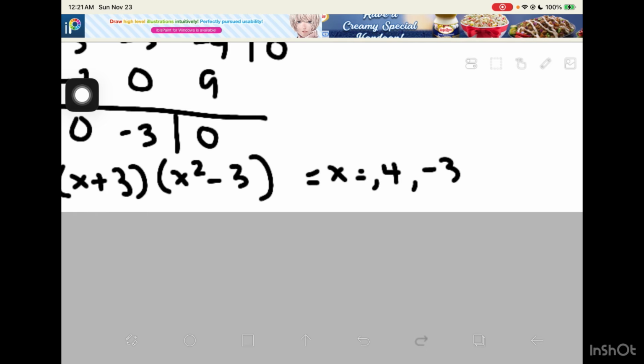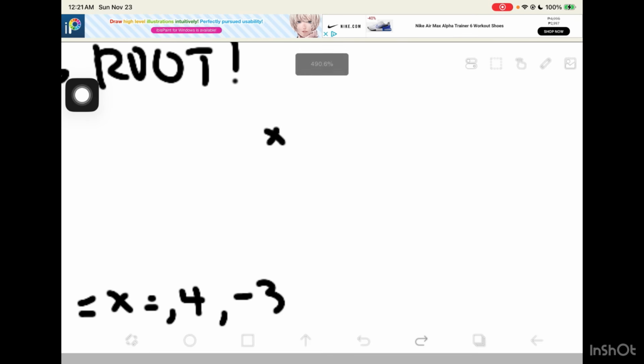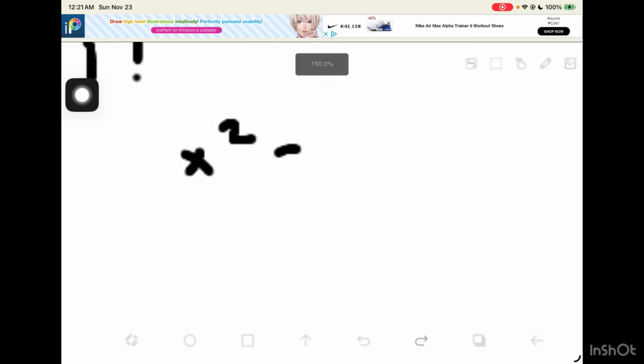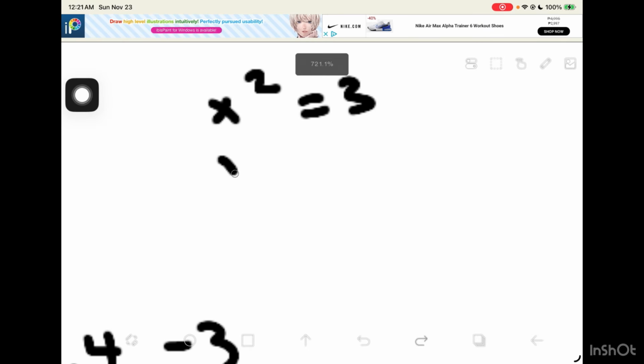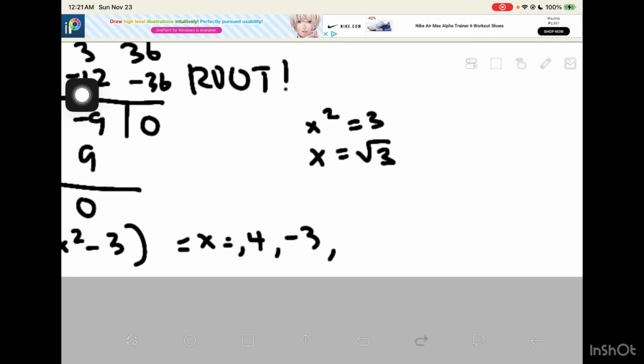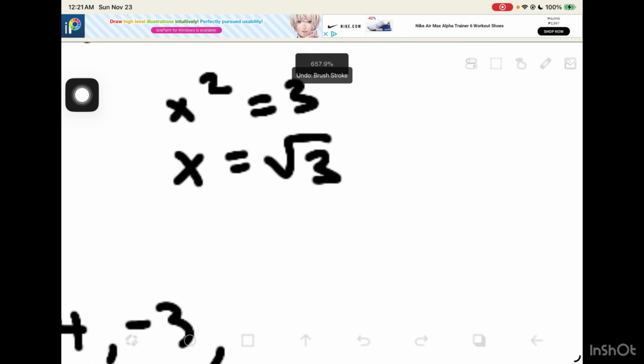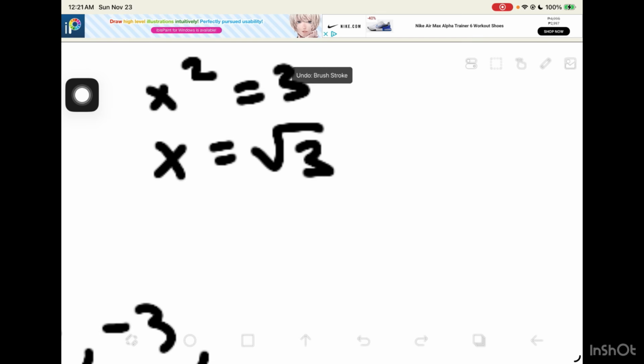If we do x squared equals 3, therefore we square root both sides. So x squared is equal to 3, right? Then x is equal to square root of 3. But this is where a theorem comes in. This is called the quadratic surd theorem, that these root pairs always come in positive and negative.